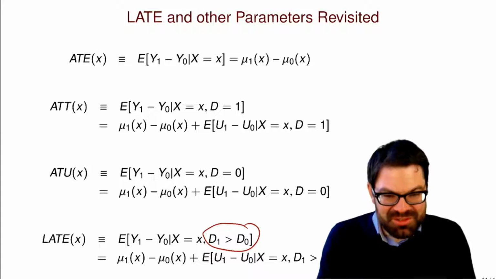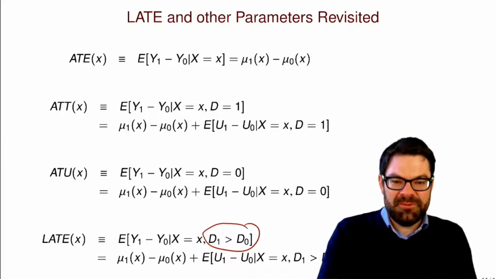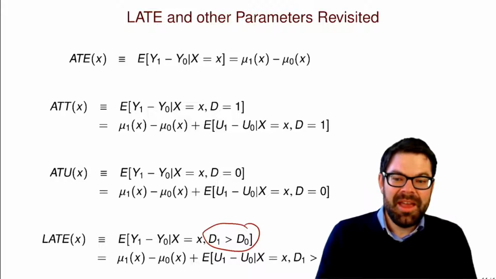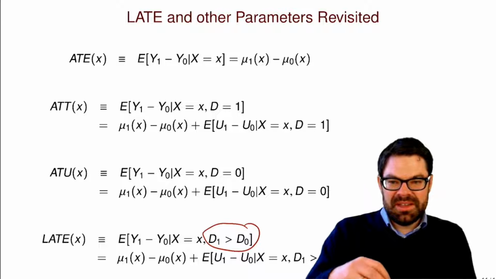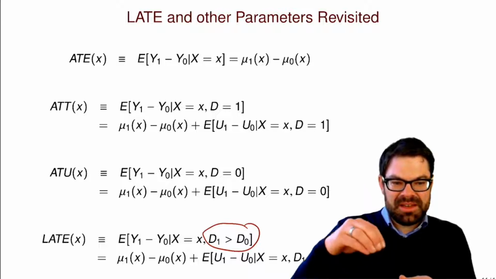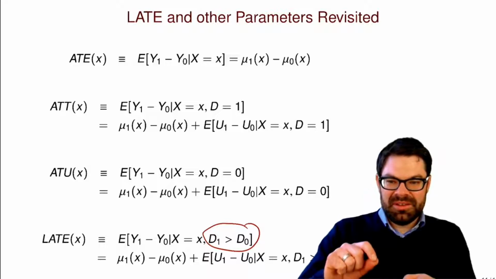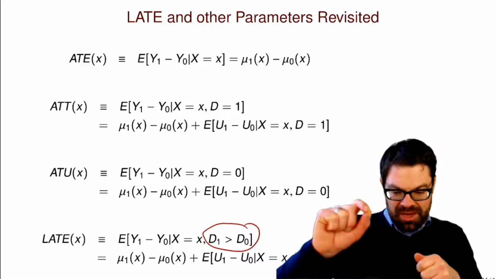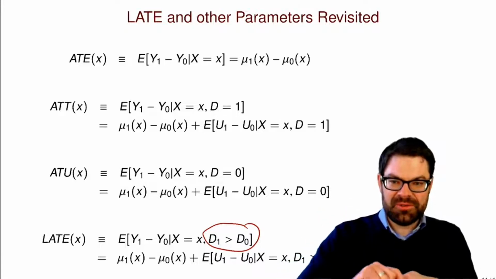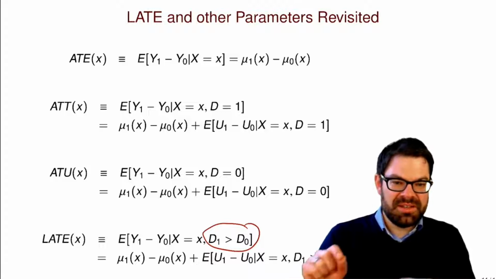But they didn't take the treatment because it was probably not beneficial for them. Okay? And therefore, the average treatment effect on the untreated in itself is actually quite an important parameter, because with imperfect compliance, or with people who are able to select into and out of treatment, the average treatment effect on the treated and on the untreated is different.